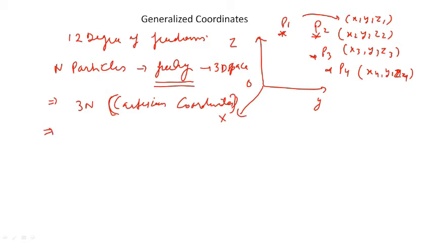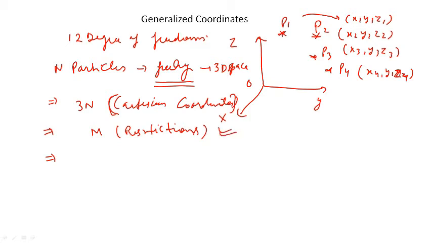So suppose for such a system in which there are n particles, and there are m restrictions, then you know that the number of independent coordinates or degrees of freedom will now be reduced, because there are now some restrictions.